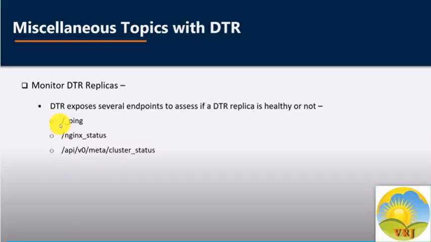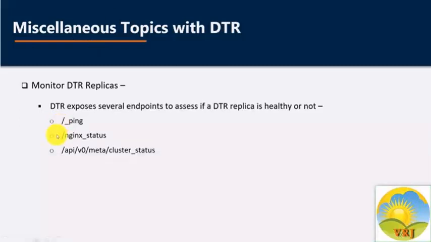Next is the Nginx status, which returns the number of connections being handled by the Nginx frontend used by the DTR. And last is /api/v0/meta/cluster_status. This returns extensive information about all DTR replicas. There are two arrays in its results: current issues and replica health, which provides the health status.